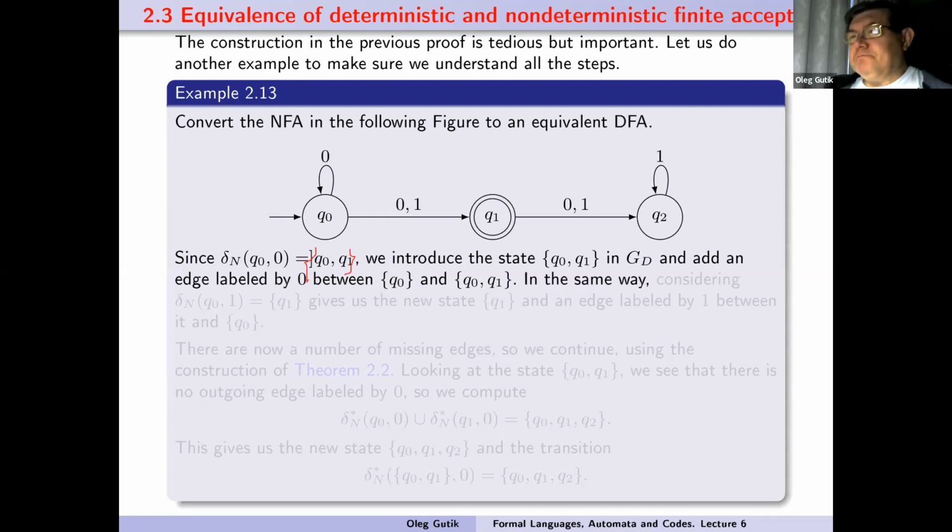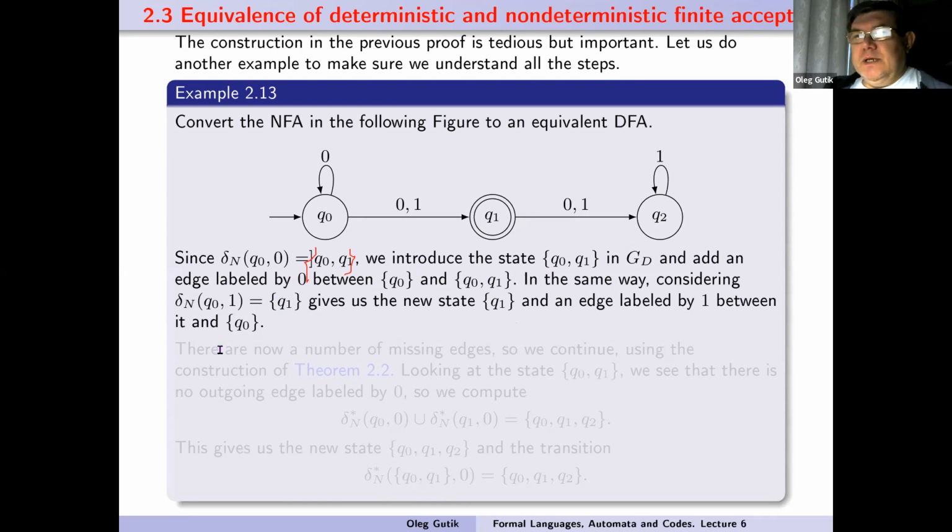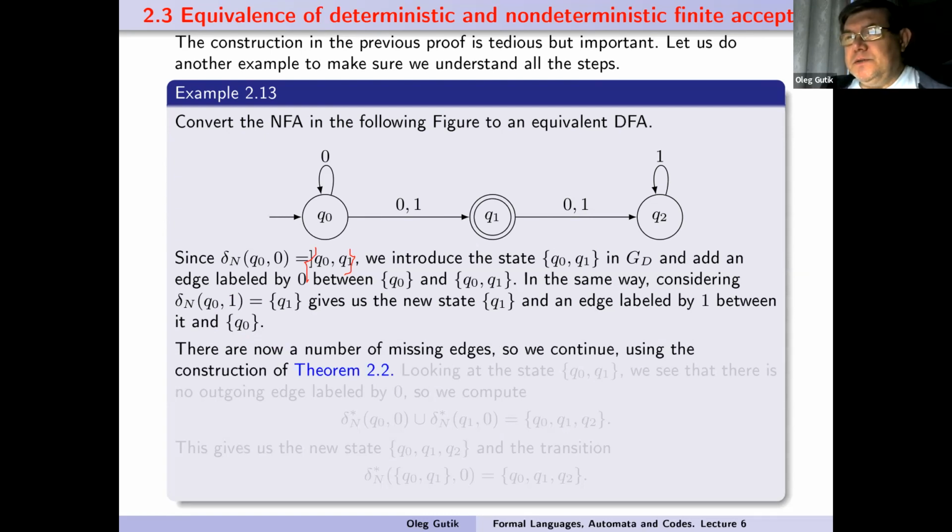In the same way, considering delta N of Q0, 1 equal to the singleton set {Q1} gives us a new state, which we denote by {Q1}, and an edge labeled by 1 between it and the state {Q0}. There are now a number of missing edges, so we continue using the construction of the theorem.